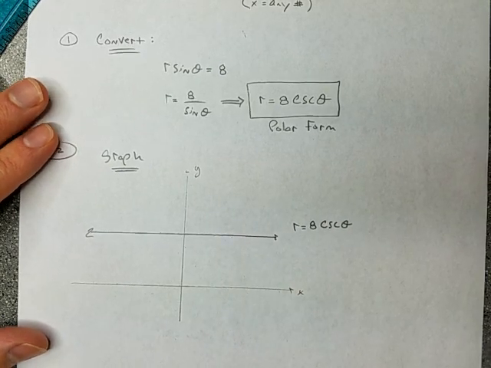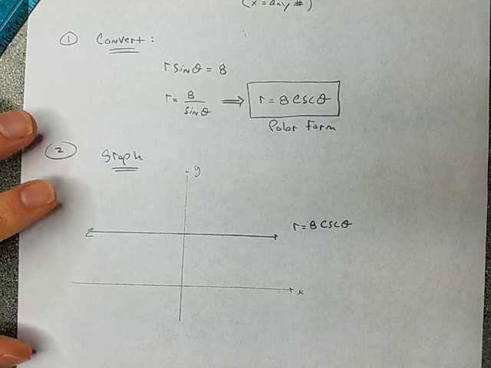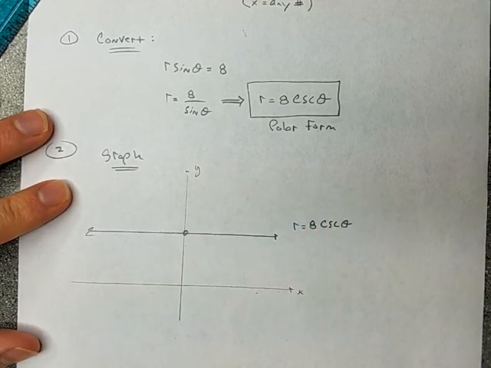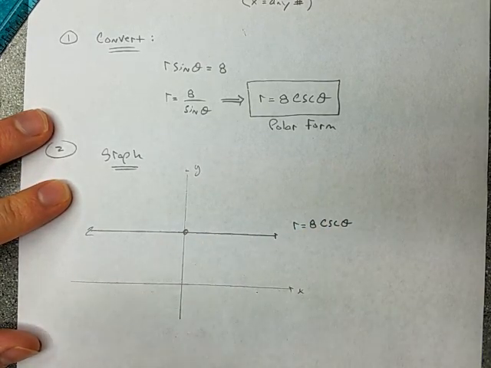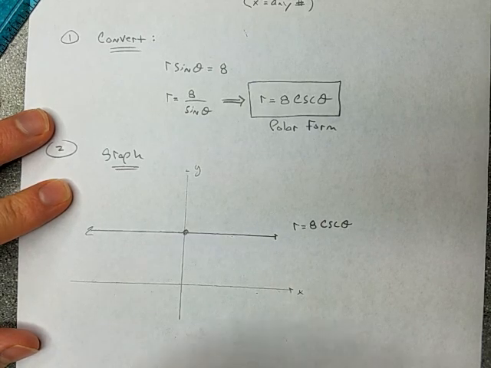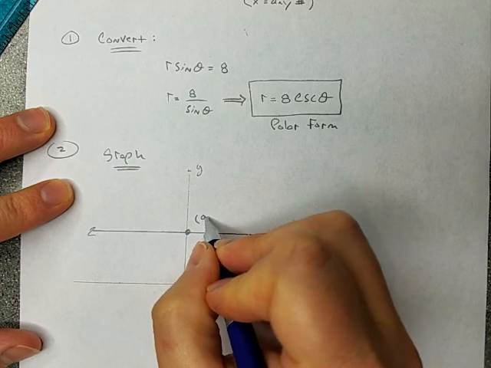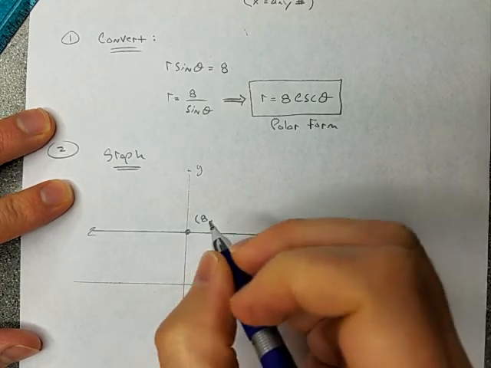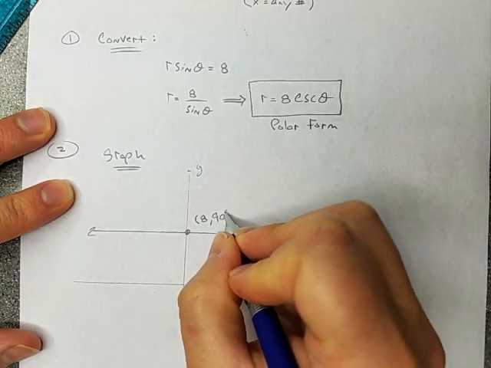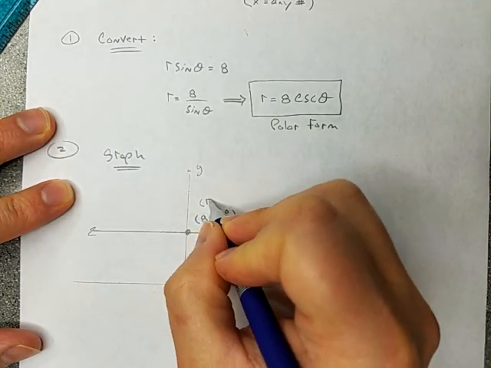Can I give you a point that's consistent with that? Like, what should this point be right there in polar coordinates? Let's do polar coordinates. What should be the polar coordinates at that point? It should be 8 for r, and it should be 90 degrees for theta. Isn't that right?